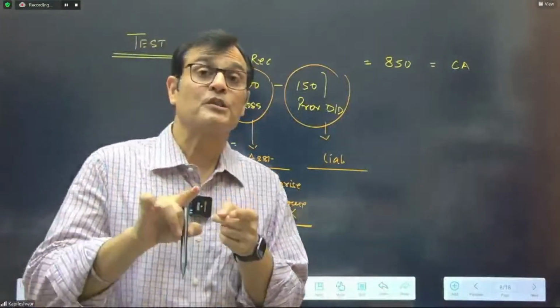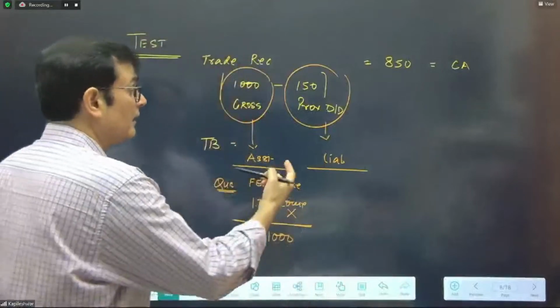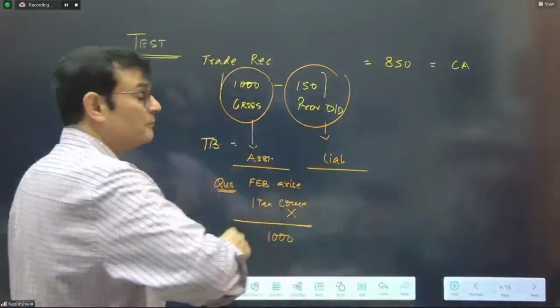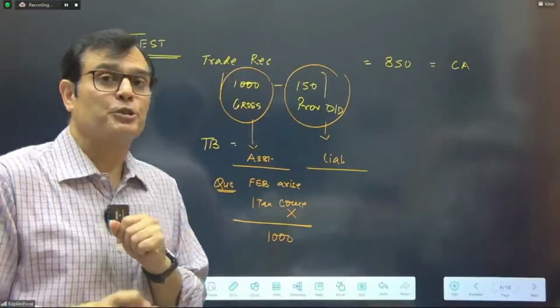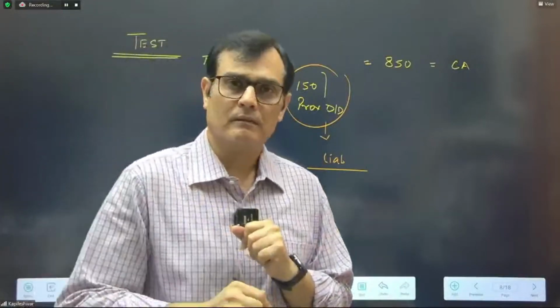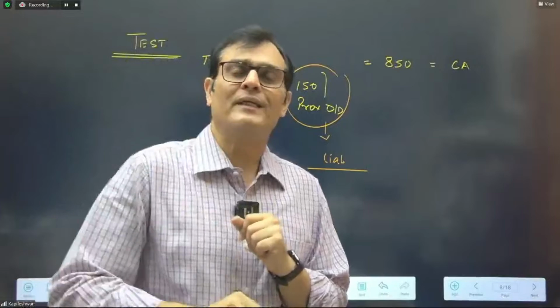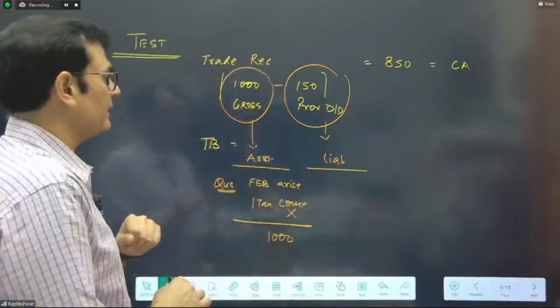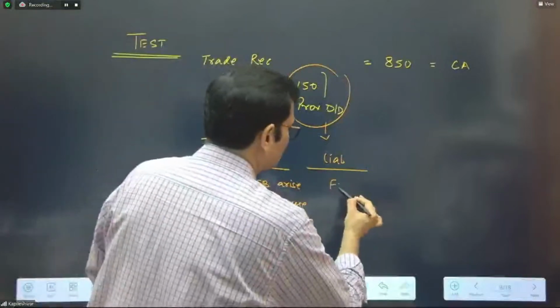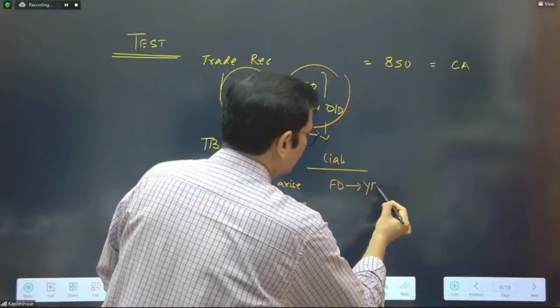Now let's go to the provision for doubtful debts and apply the liability definition. Will the income tax authority give me a deduction when it becomes a bad debt? I say, yes, they will give me a future deduction once it becomes a bad debt.